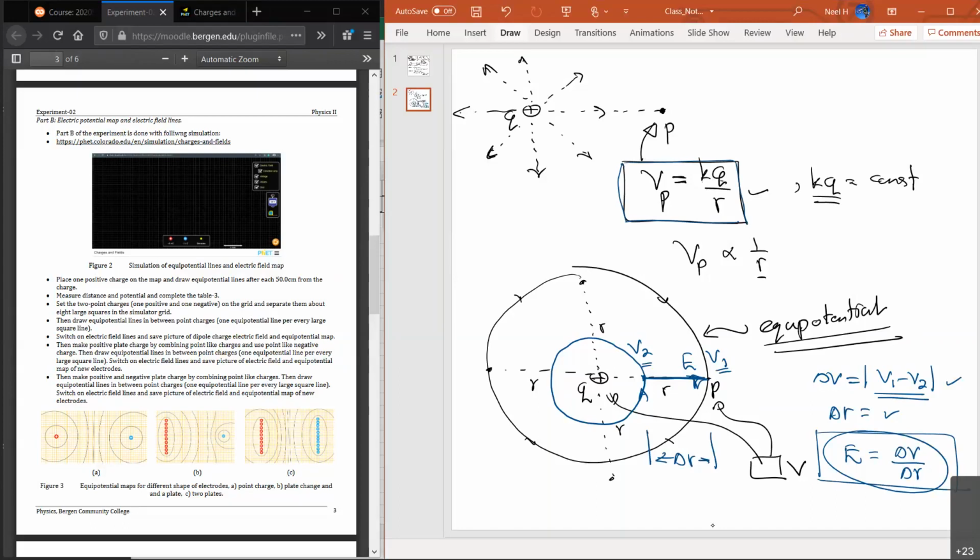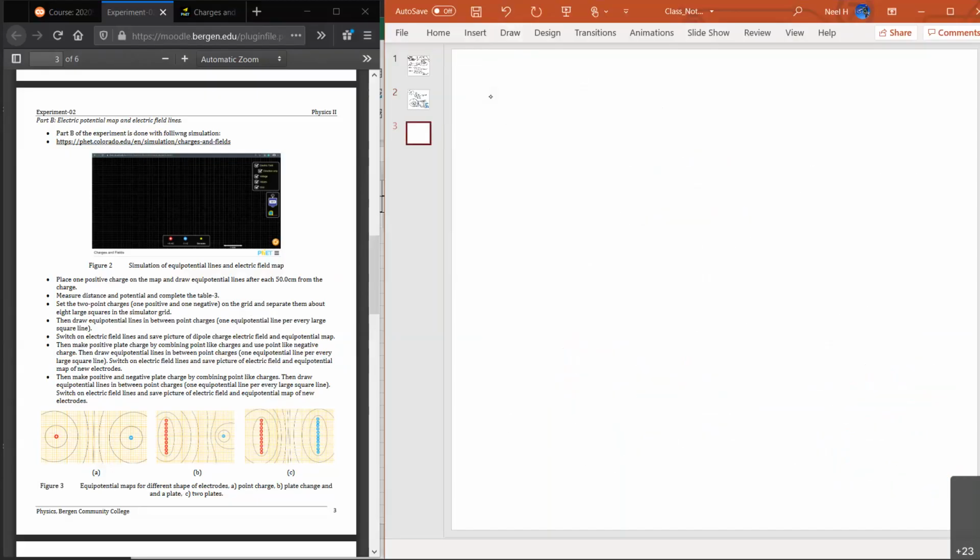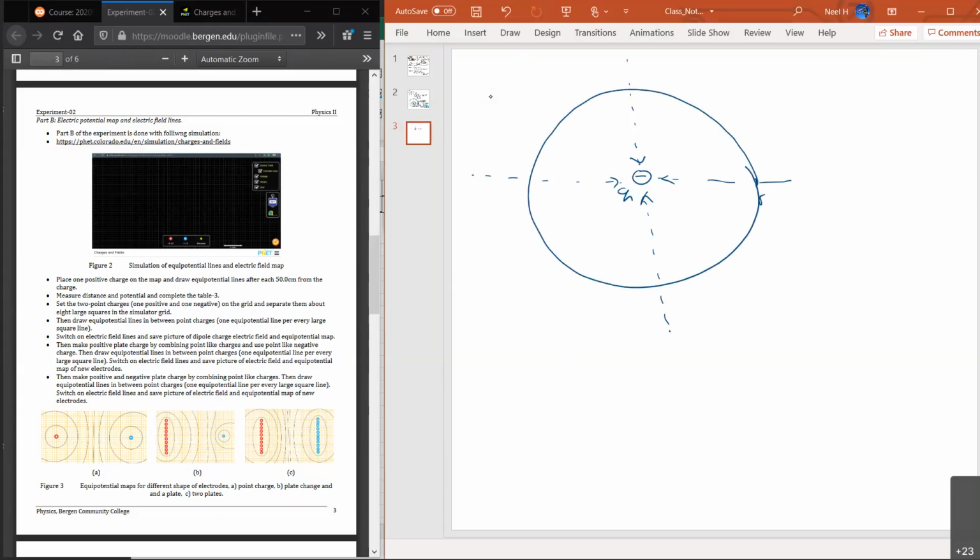Now, similarly, we will do this for only a positive charge, but if I have a negative charge here, what will be different? If I have a negative Q, all the electric field lines should be coming towards it, the arrow should be towards the charge. If I pick the point R, use the same radius and draw a line, that is equipotential line 1.